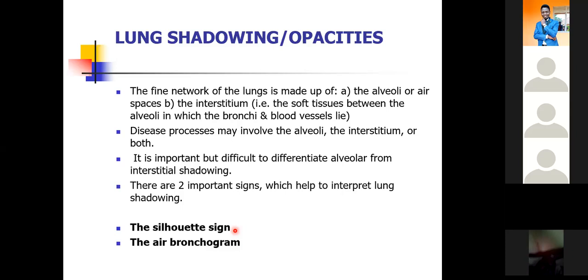But once we have tried to break it down as we have done, you can see that it can help us to narrow down our list of possible differential causes, and at the end of it all, we're able to make a diagnosis. It's important for us to do that, but it is very difficult.